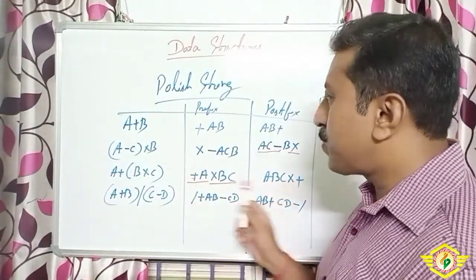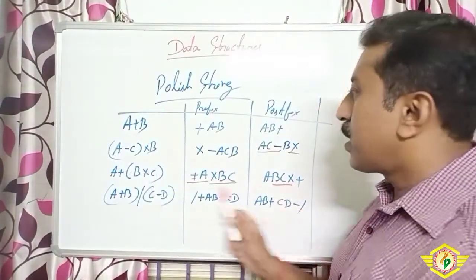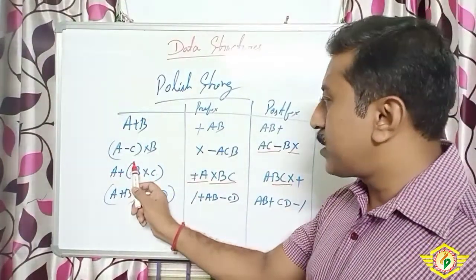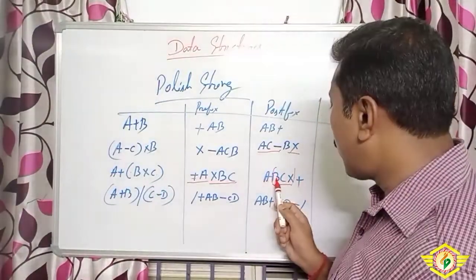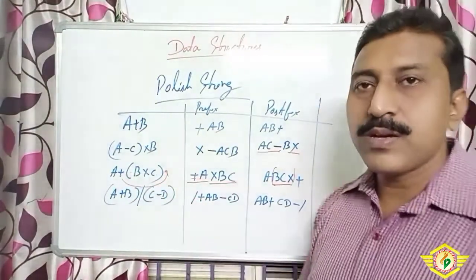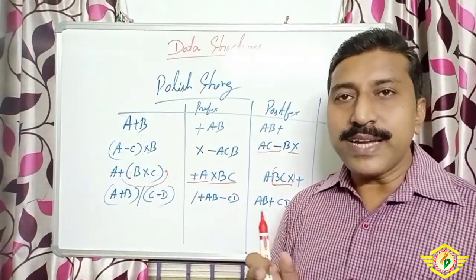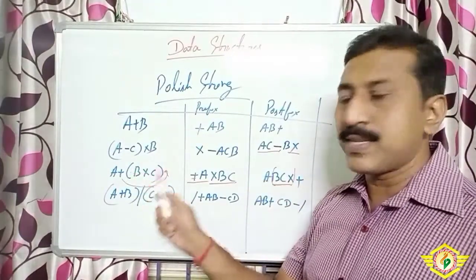In this case of postfix, this into will come here, so b c into, and a plus, but here the bracket was there, so it will come after, a b c into plus. The plus will come at the end, because you cannot insert in between; b c into was fixed, it was within the parenthesis.